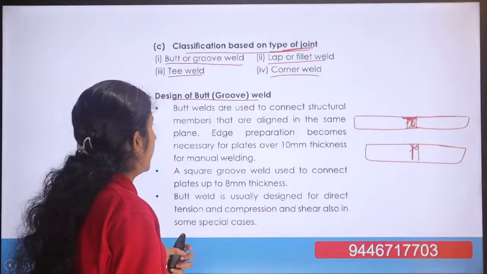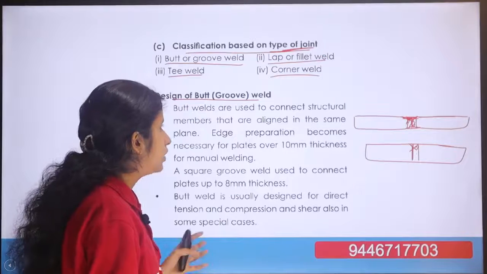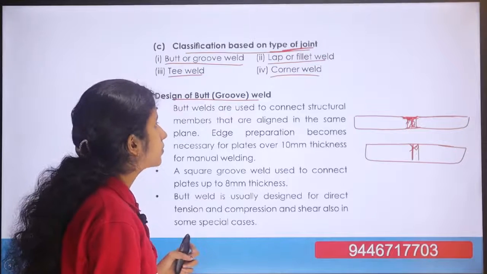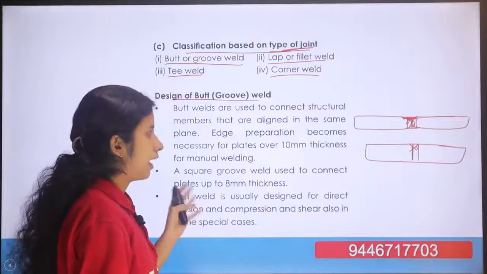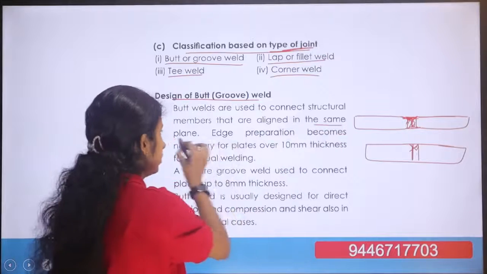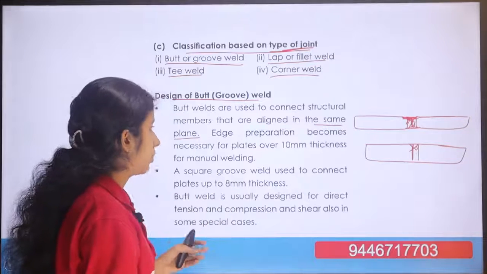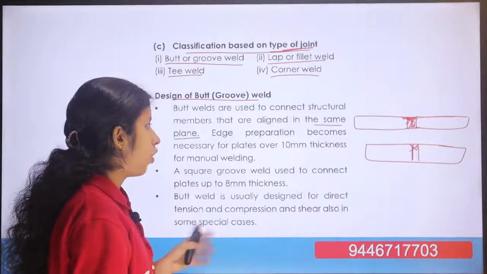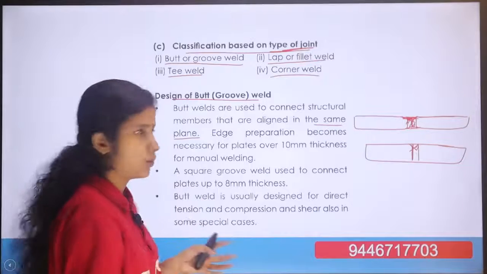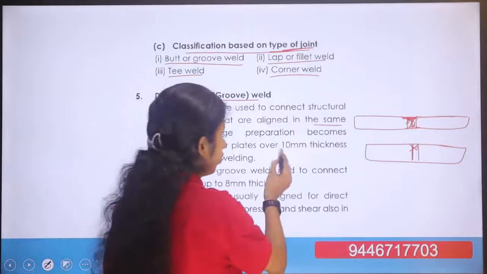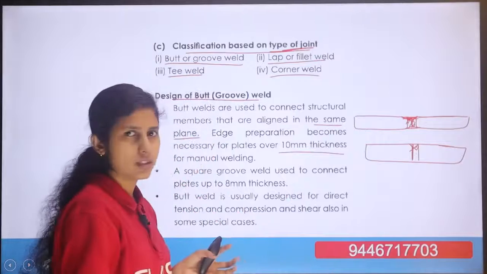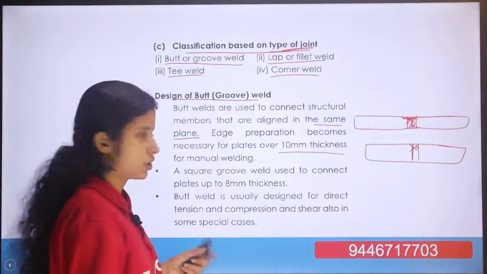Butt welds are used to connect structural members lying in the same plane, and edge preparation becomes necessary for plates over 10 mm thickness for manual welding. So if the plate thickness is greater than 10 mm, edge preparation is required.